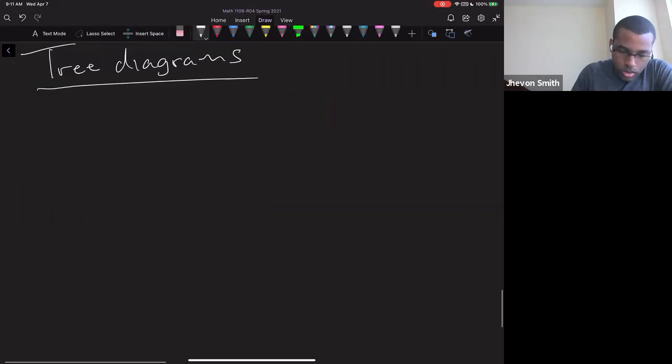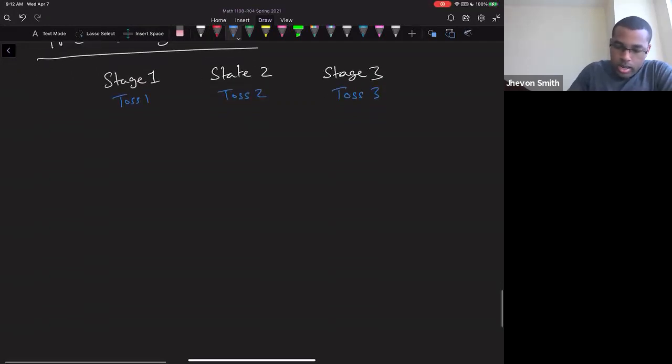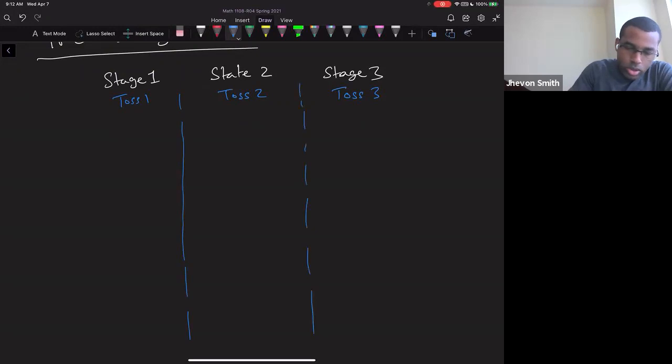There's going to be, say, stage 1, stage 2, stage 3, which is, of course, toss 1, toss 2, toss 3. Think of these as just some columns, kind of imaginary. You don't even really have to draw these blue lines.